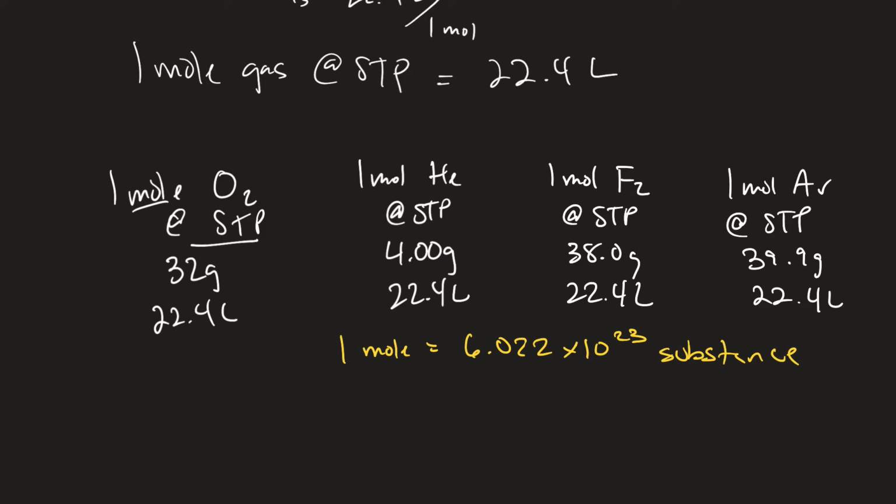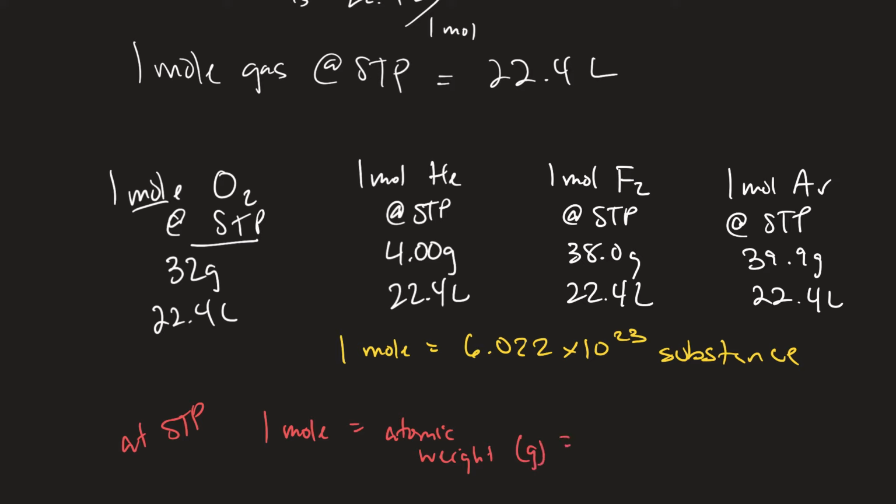And so if we are talking about something at STP, for example oxygen or helium or any of it really, where we have 1 mole, that is equal to the atomic weight in grams, which we can find from the periodic table.